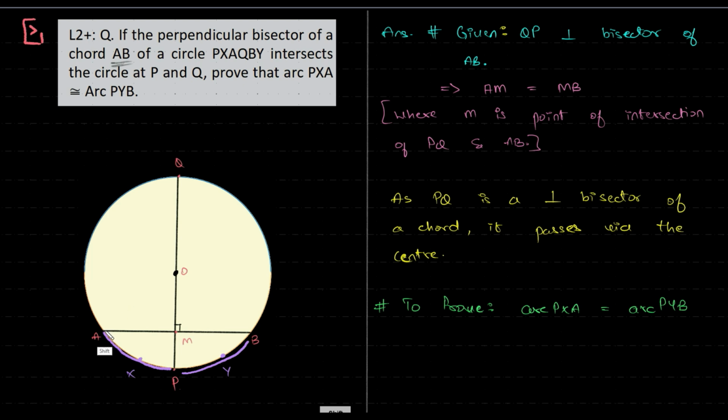If I join this, that is your clue. Yes, we have to prove the following. We have to prove that this angle is equal to this angle. Okay, guys. How will we do that?